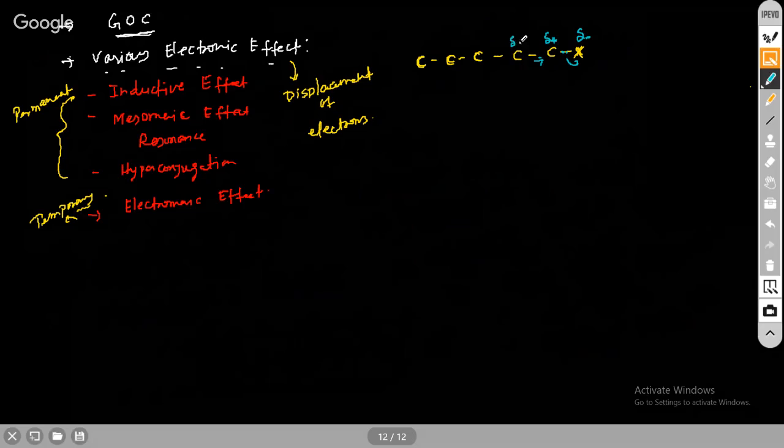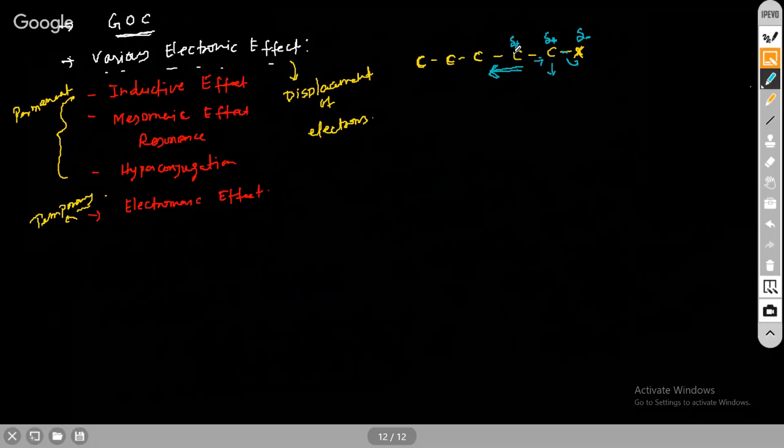This becomes delta 2 plus, and this positive charge keeps decreasing as we go away from this X. Here we'll have maximum density of positive charge, here lesser, here even lesser, and like this the positive charge density decreases. And now when this positive charge density decreases, the tendency to withdraw or attract this bond pair of electrons towards its side is less.